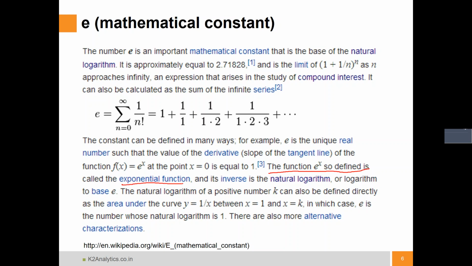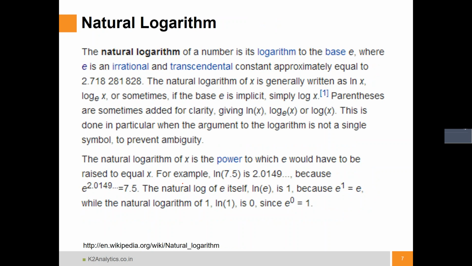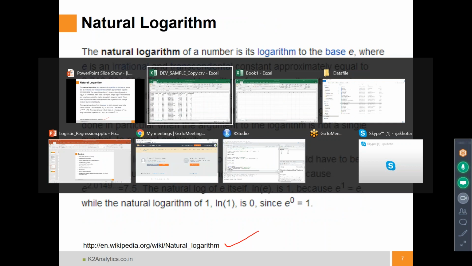Okay. Now let's see natural logarithm. There is a relationship between exponential and log. Again, I have shared this Wikipedia site, but let us do some practical mathematics.